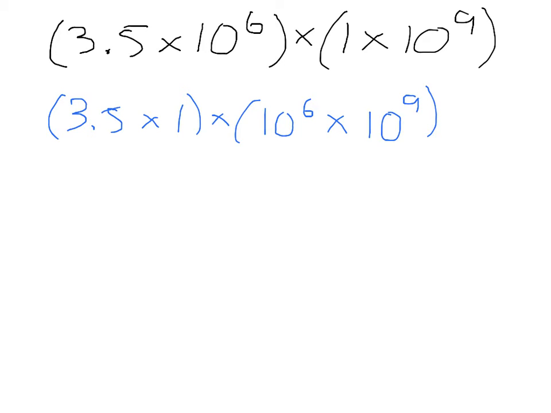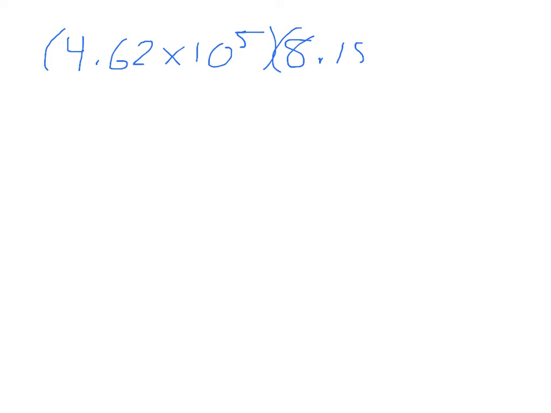Well, 3.5 times 1 is just 3.5. 10 to the 6th times 10 to the 9th, aha, it's multiplying two powers that have the same base. And we know when we multiply two powers with the same base, very simply we add the exponents. So what I find out is that there are approximately 3.5 times 10 to the 15th ants in the Amazon rainforest. I'm never going to the Amazon rainforest.